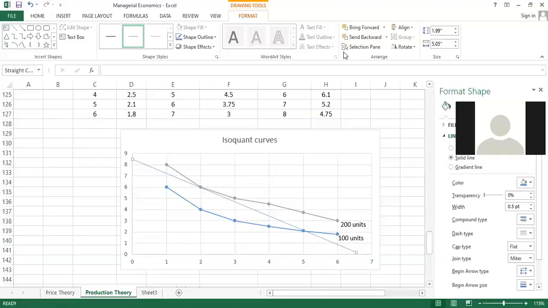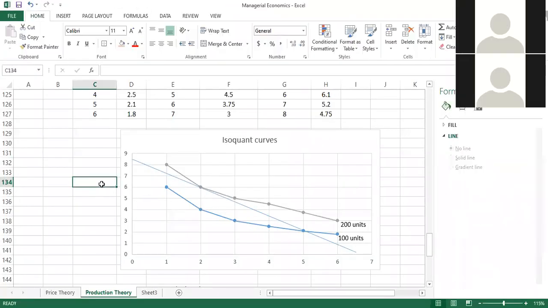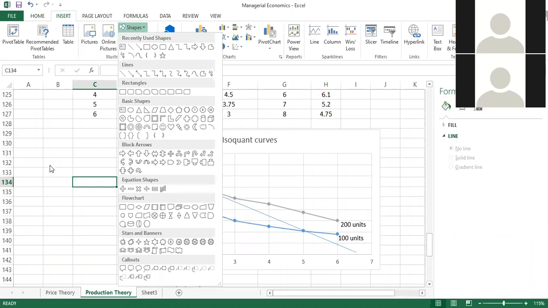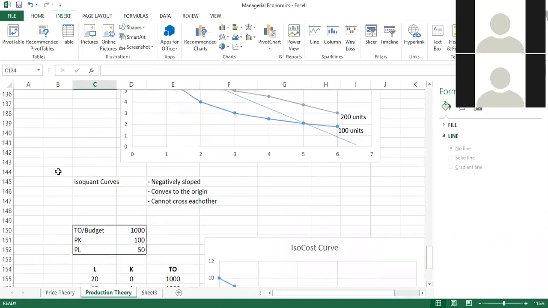The highest possible isoquant curve that can be reached with the isocost curve. That is the meaning of producer equilibrium. That is called a producer equilibrium.